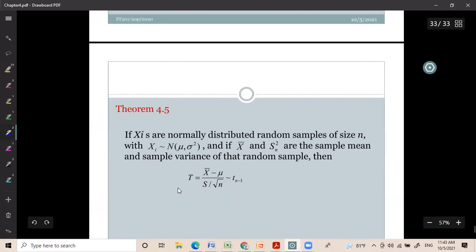And here's how you develop the T distribution. When you have Xi normally distributed with sample size n, with mean mu and variance sigma square, and X bar and S square are the sample mean and the sample variance, then X bar minus mu over S over square root of n, not sigma but S over square root of n, will follow the T distribution with degrees of freedom n minus 1.